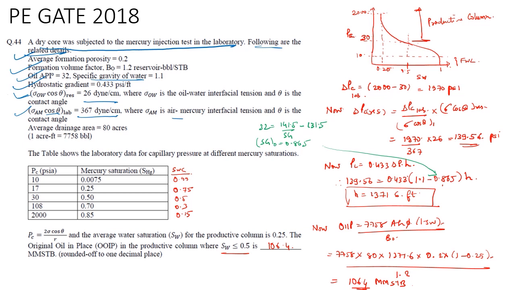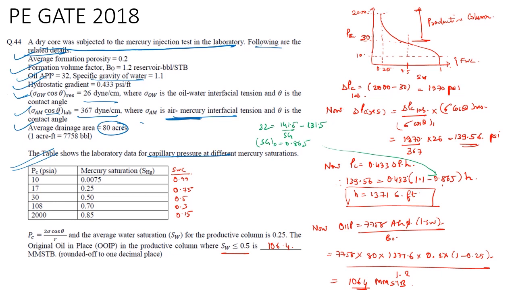Here, am means the air and mercury interfacial tension, and the average drainage area is given as 80 acres. This particular table was obtained from the capillary pressure determination at laboratory condition.